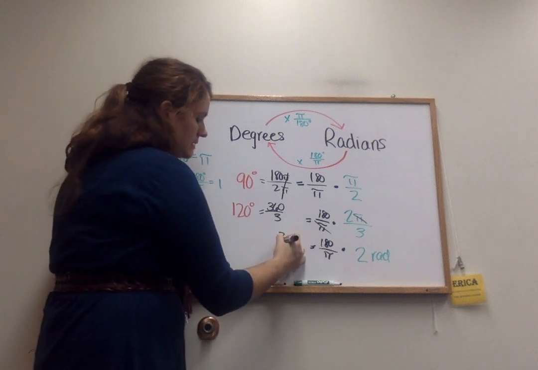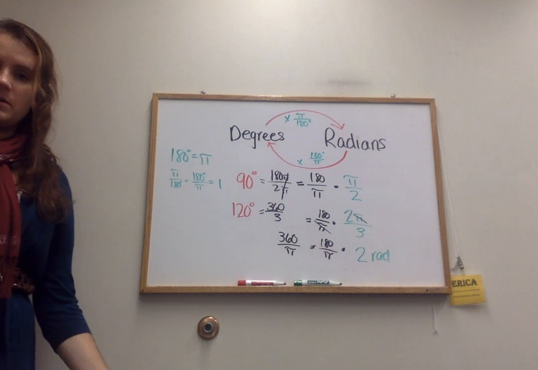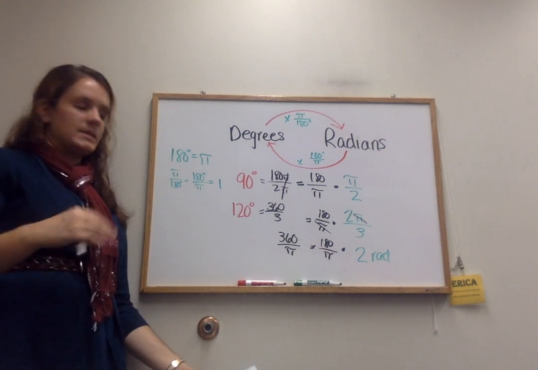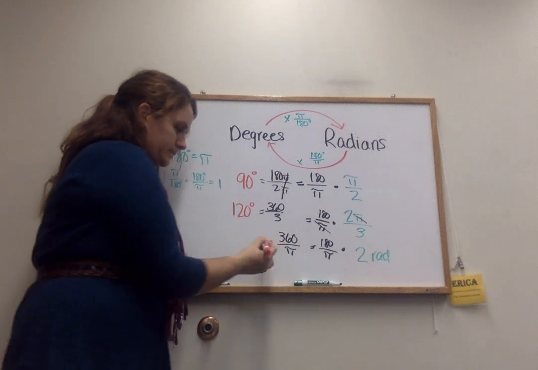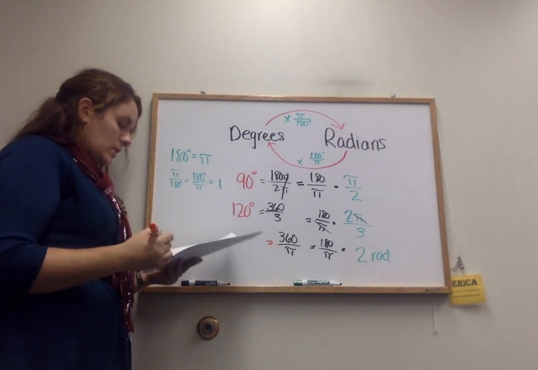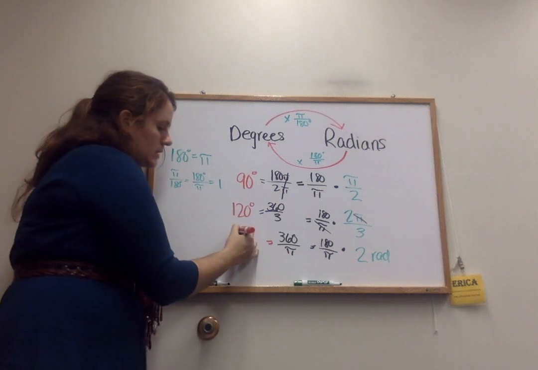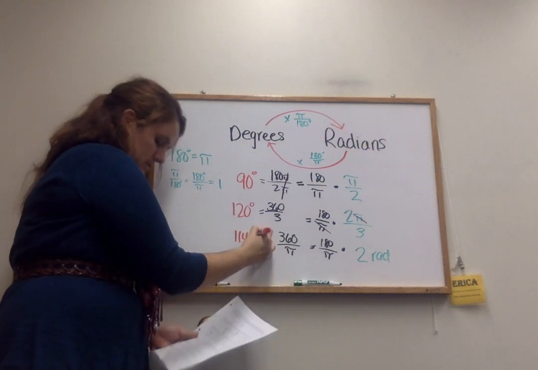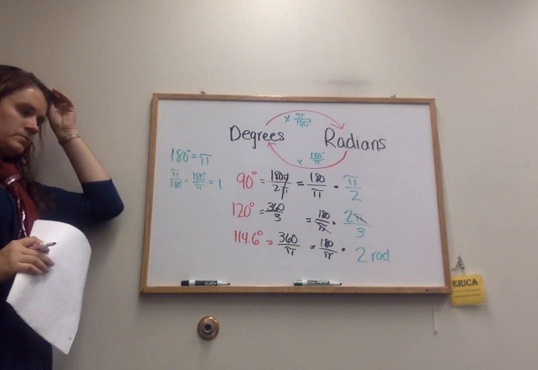The biggest difference is we're going to have 360 over pi, and this we're just going to type in the calculator. 360 divided by pi, divided by 3.14, whatever that happens to be. So 2 radians on a circle, or as an angle, is the same thing as 114.6 degrees.